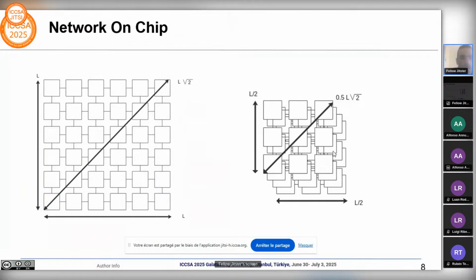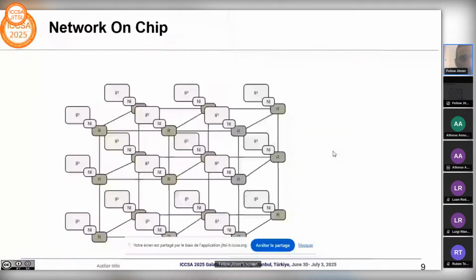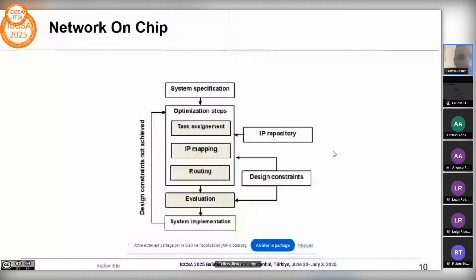This is an example of 3D network on chip. To design a network on chip, we must follow many steps. These steps use an optimization: first is assignment of tasks and IP mapping, and then the routing of data. In this work, we focus on routing data.